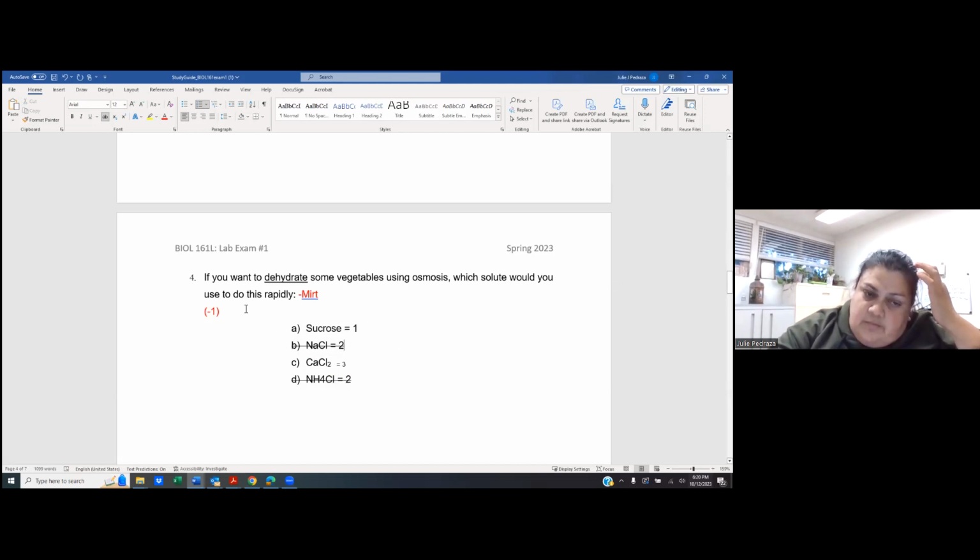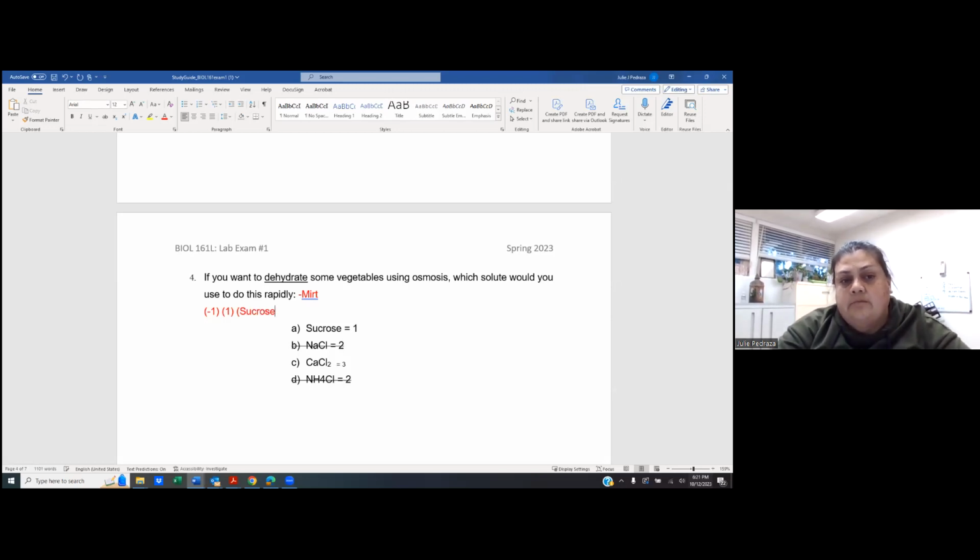Okay. So you can choose the molarity to just be 1. So really the only number that's going to change is the ionization, whether it be sucrose or calcium chloride.